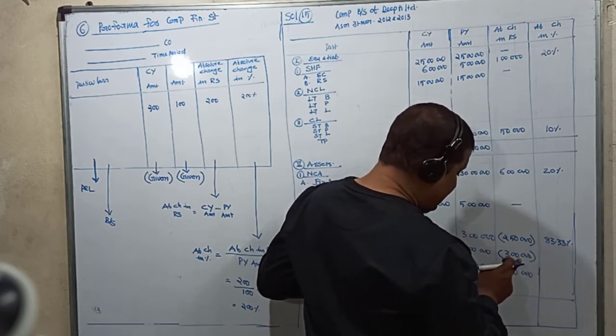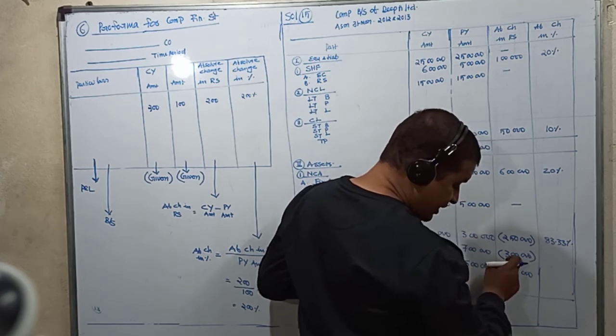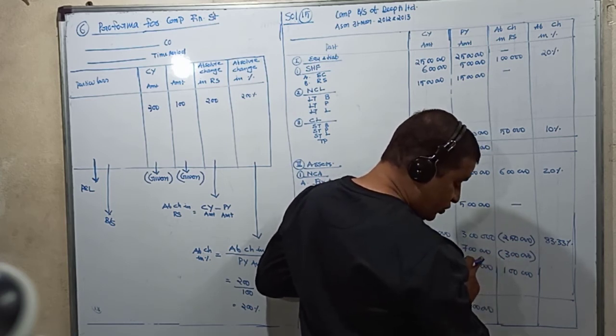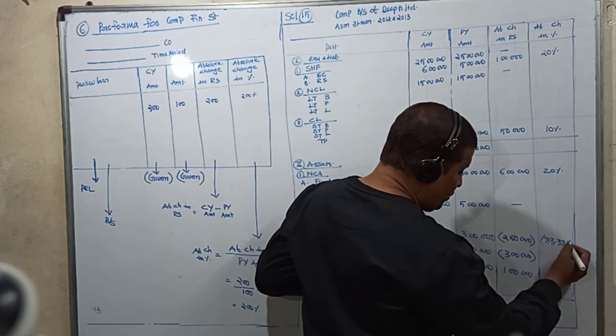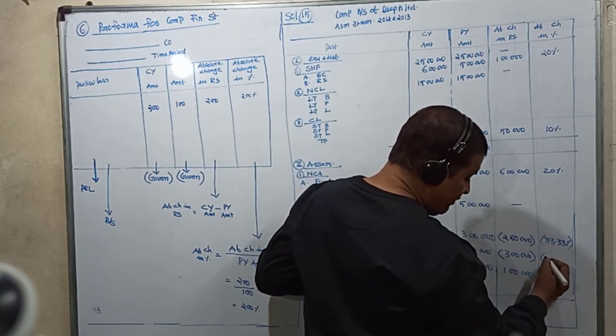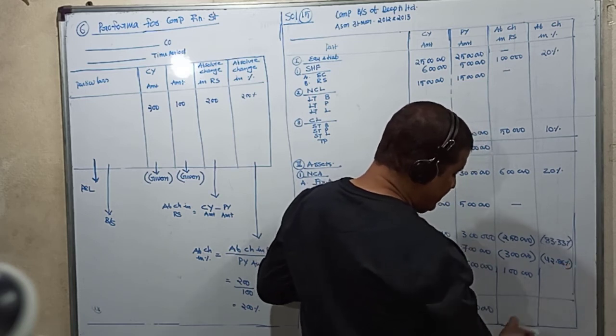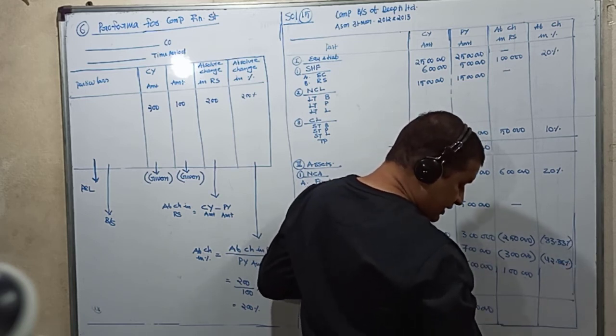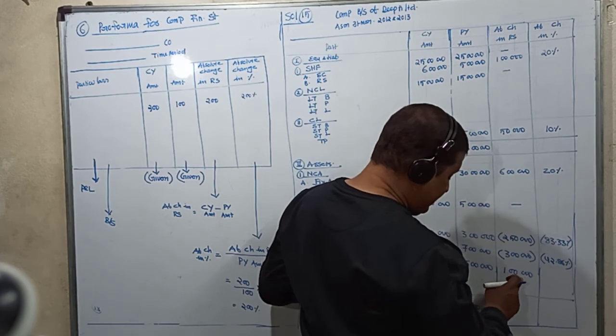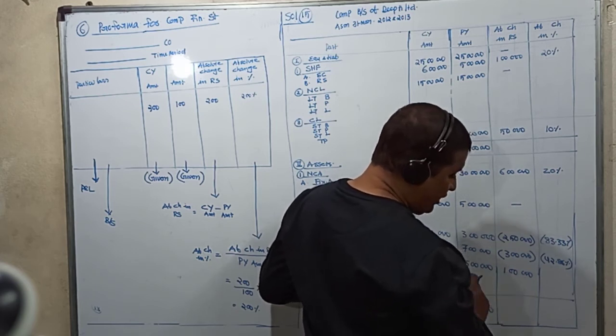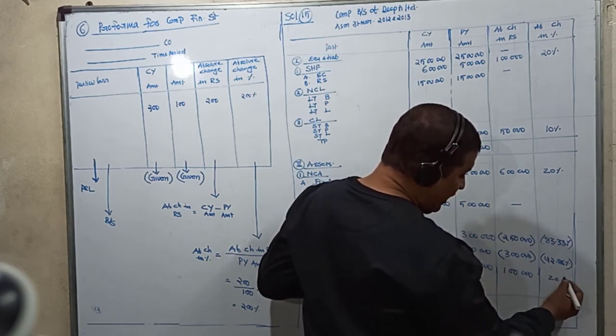And then you have 3 lakhs divided by 7 lakhs into 100. So that is a negative number, so that is giving you 42.86%. And the last thing, 1 lakh divided by 5 lakhs into 100, that is giving you 20%.